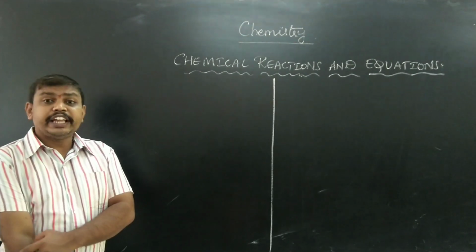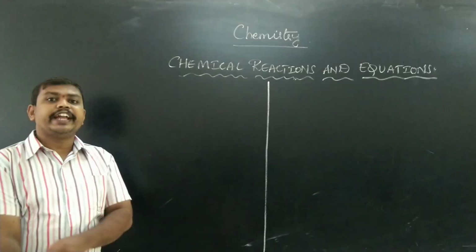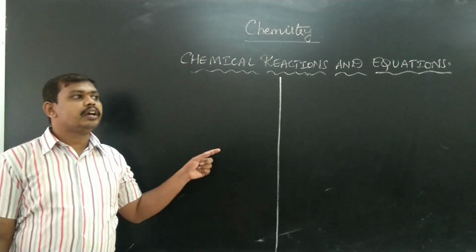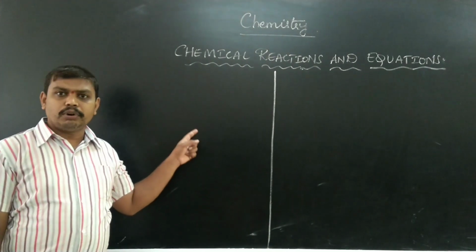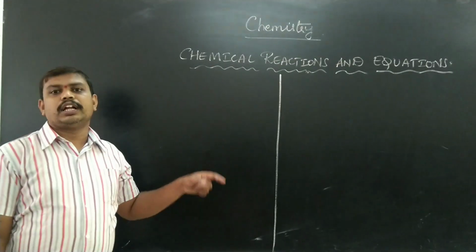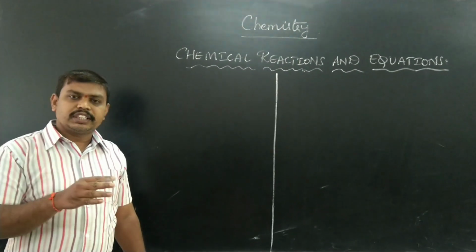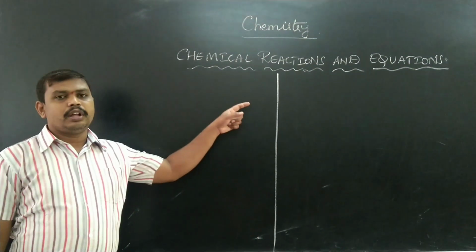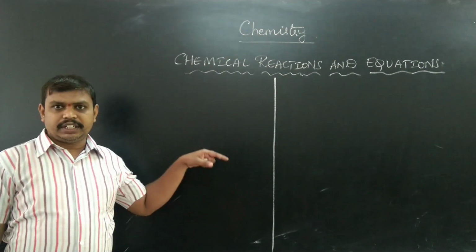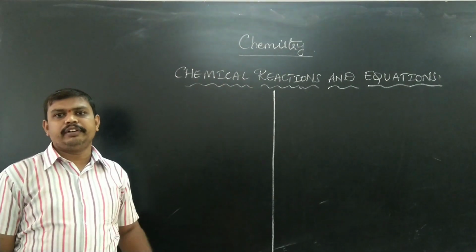And what is an equation? A chemical equation is an equation which is formed with the help of both the reactants as well as the products. The combination of these reactants and products shows the reaction taking place, and at last the final product is formed.